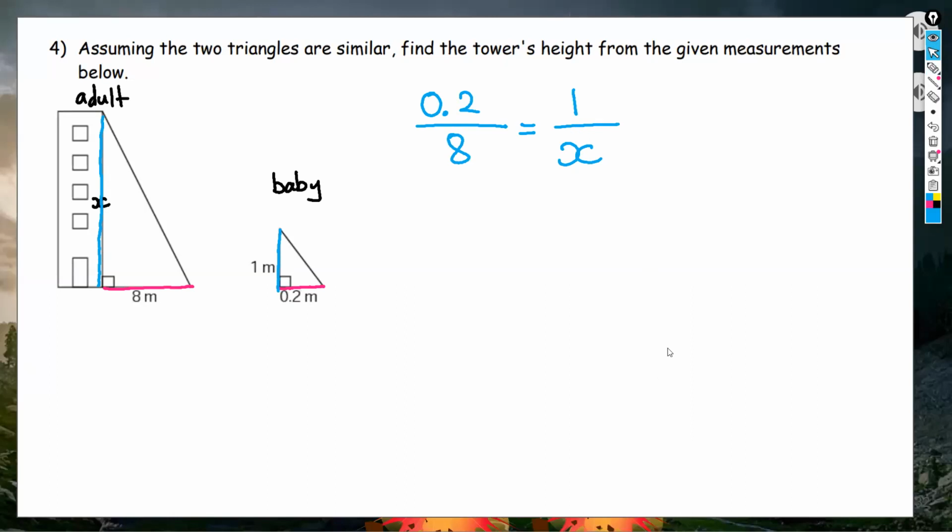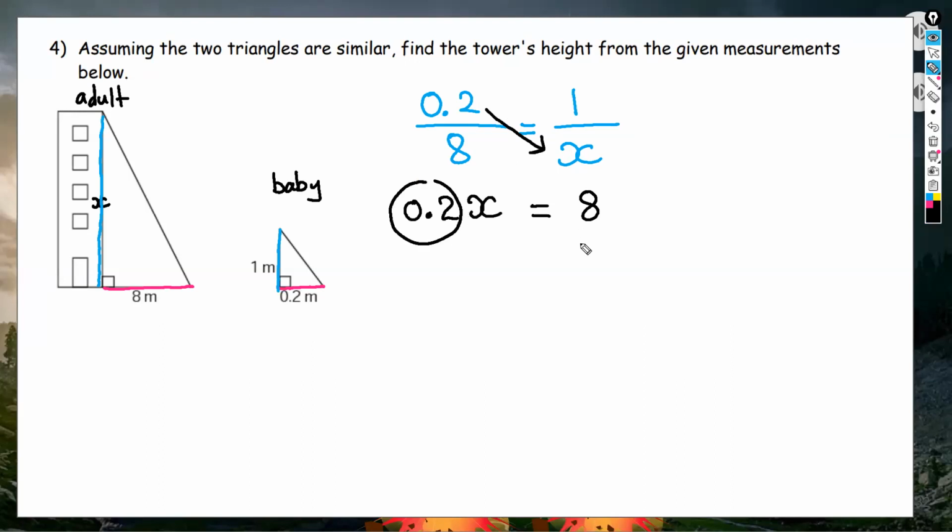Great. So I think the cross multiplication afterwards went a little bit haywire. I'm going to do this one first because this one involves the X. 0.2 multiplied by X is 0.2X. 1 by 8 is 8. The 0.2 is a multiply.